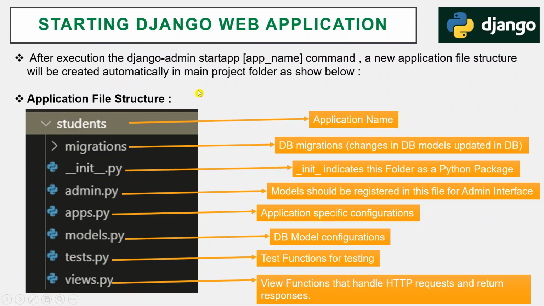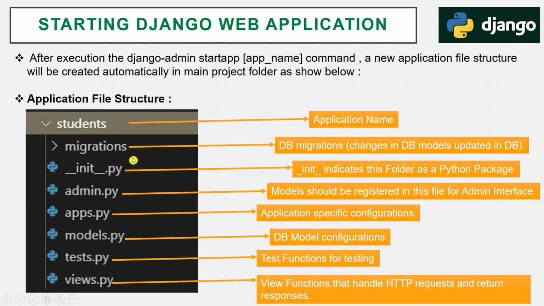For any new application you create, after creating it, the default 7 items will be created, right? So let us see one by one what they represent.